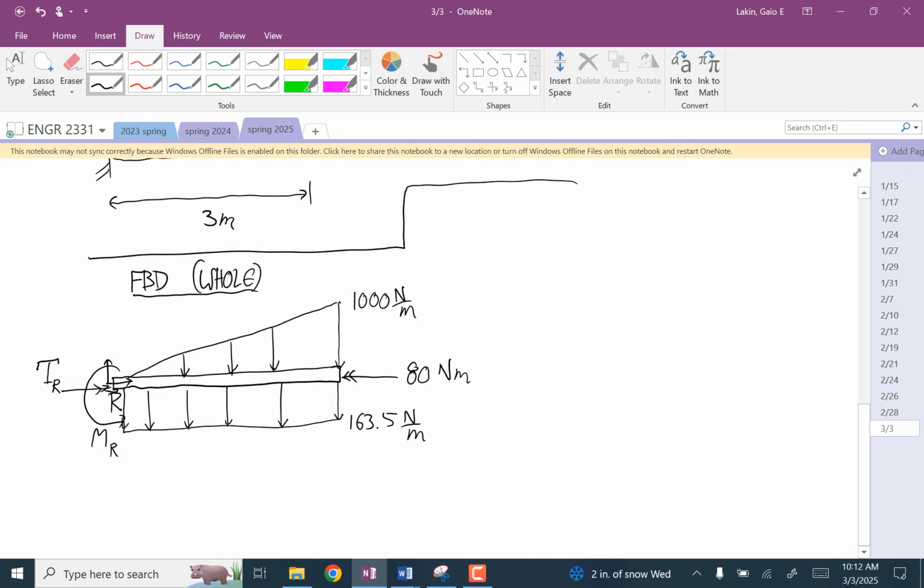And now that we've drawn our free body diagram, now we can represent these distributed loads as point forces. So we have the triangle with a height of 1,000 and a length of 3. And we know that the centroid is 1/3 of the length from the right angle.